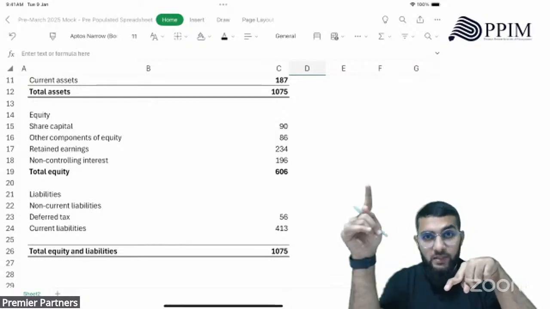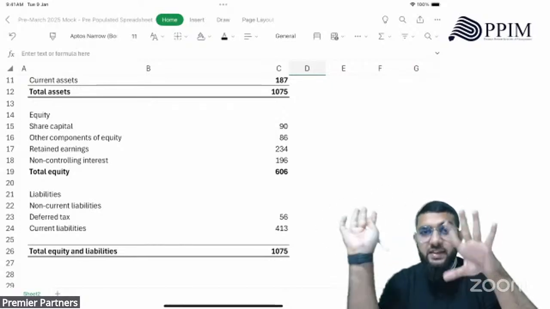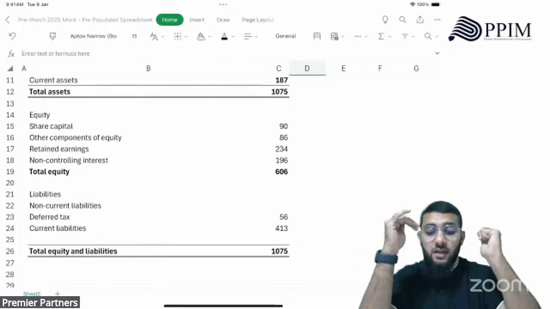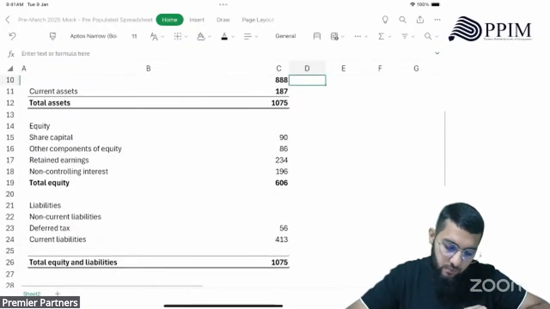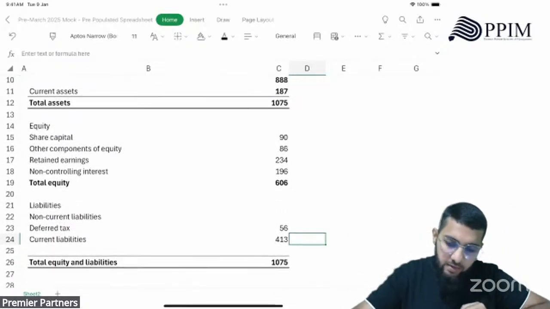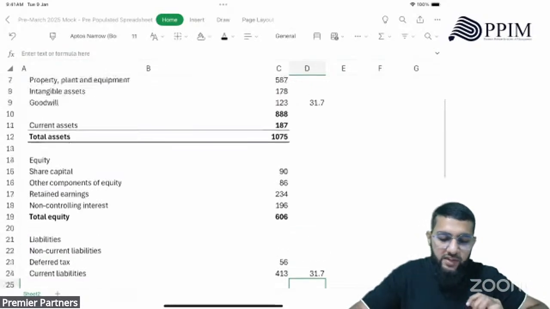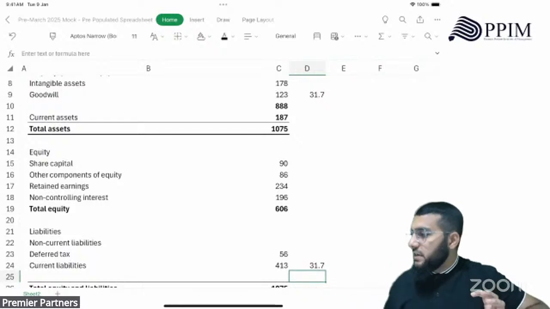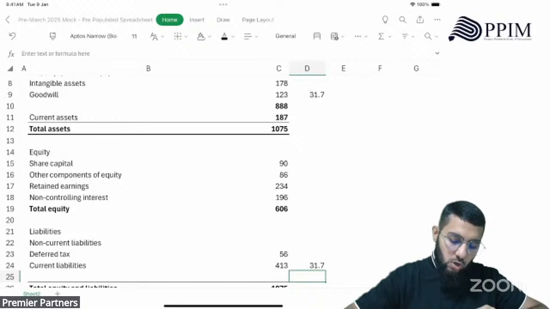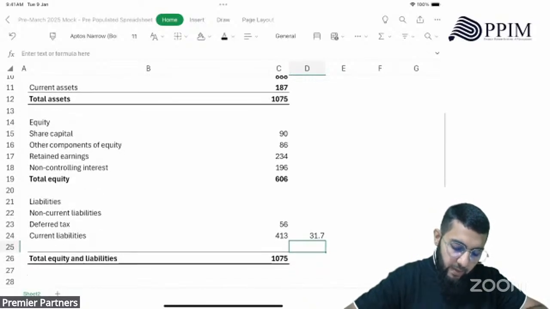We are to pay by 31st of December 2027, meaning within a year, so that becomes a current liability. Our current liability is increased by 31.7 million. Now we know that debit equals credit, so this is going to balance so far.